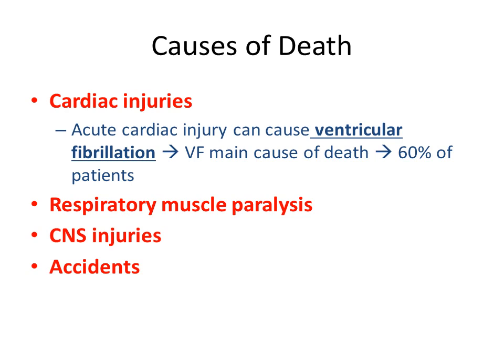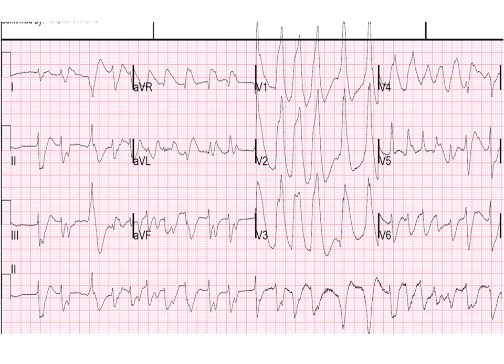Acute cardiac injury results in ventricular fibrillation, and ventricular fibrillation is the main cause of death in most of the patients. I have separately highlighted this point because this is an important MCQ for you. As you see here is a picture of ventricular fibrillation.